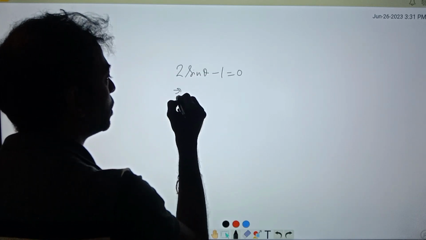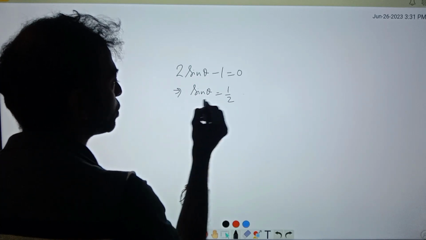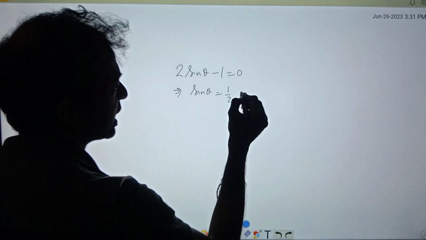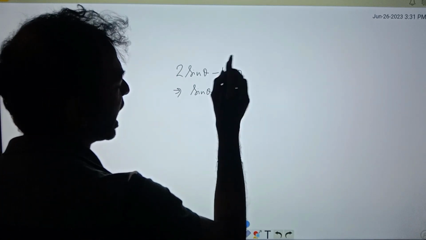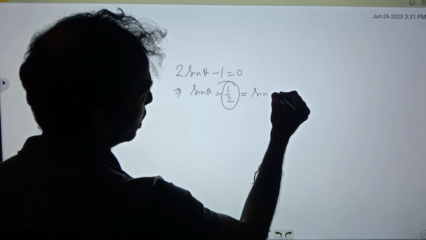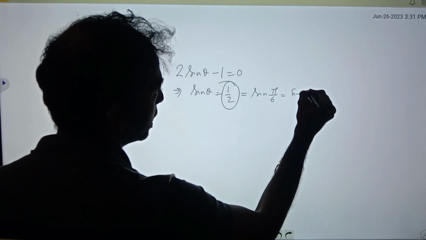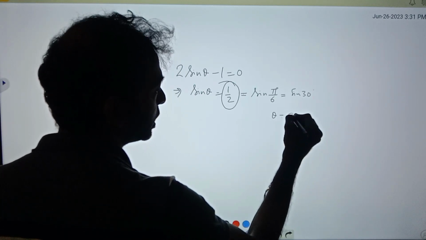And in case of that, we know that sin theta equals 1 by 2. And if sin theta equals 1 by 2, we all know that sin is positive in the first quadrant and in the second quadrant. If the angle is lying in the first quadrant, the value will be very easy, pi by 6. That is 30 degree, sin 30 degree. And theta will be 30, right?